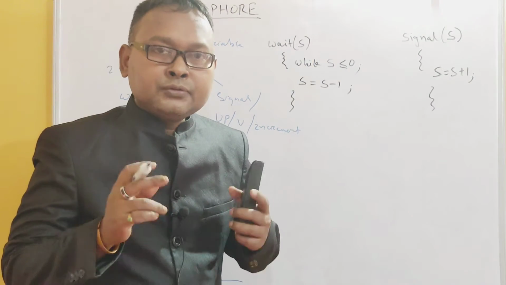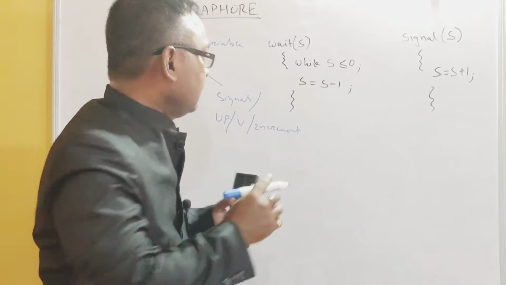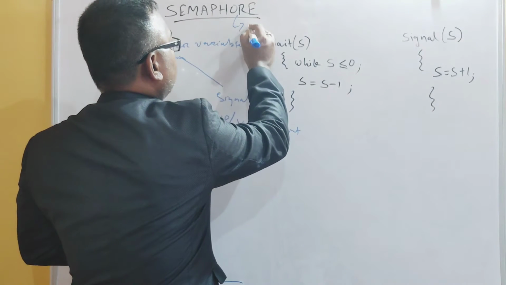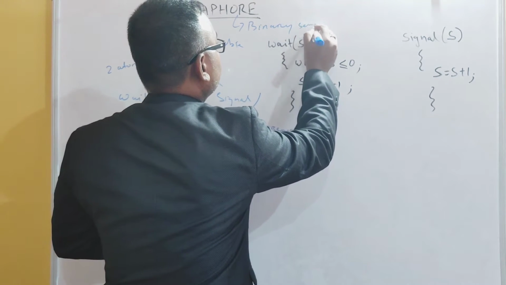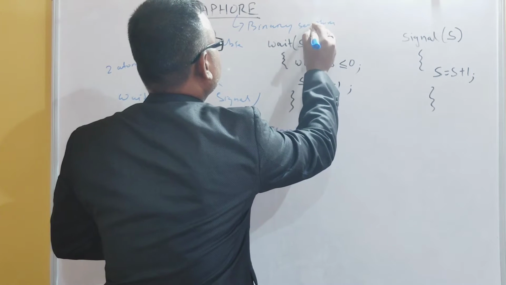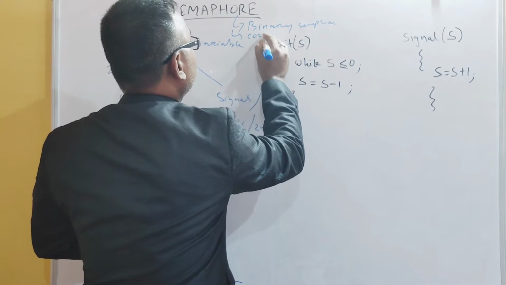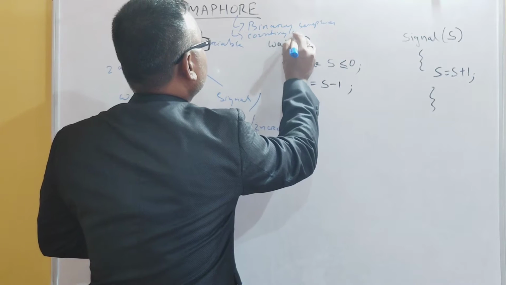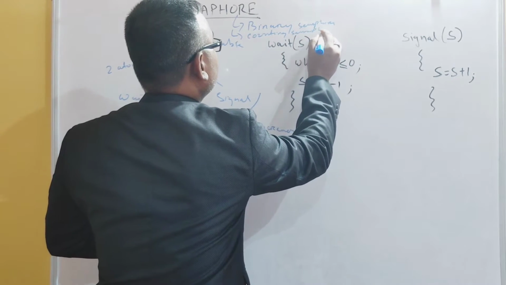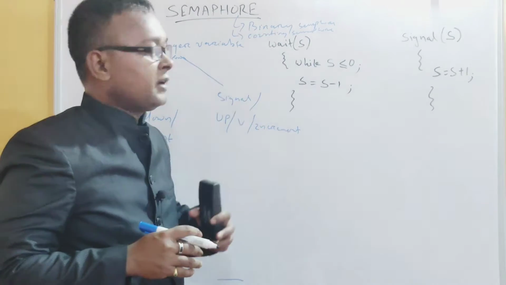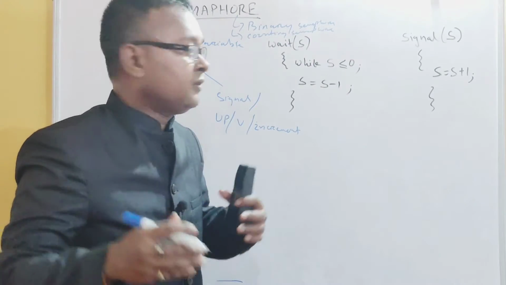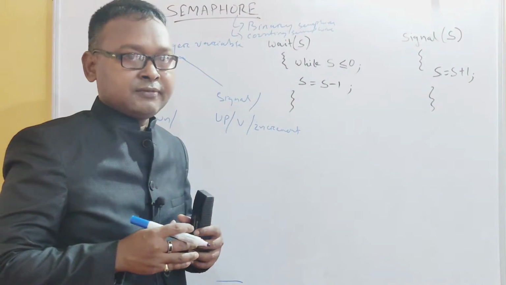We have two types of semaphore, binary semaphore and counting semaphore. In today's video, we will discuss the binary semaphore, and in the next video, I will discuss the counting semaphore.